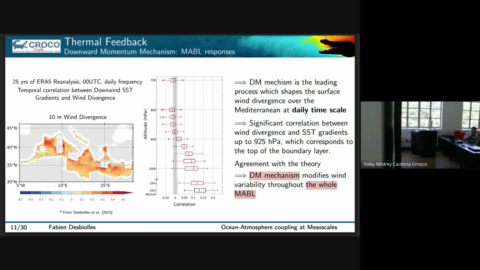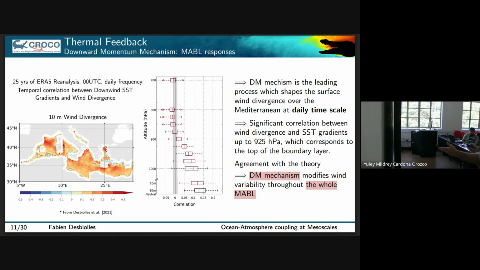Okay? So what does that imply for clouds and rain? Once again, you remember, if I'm the wind, I'm going from warm to cold. That means that here, at the level of the front, there is a convergence. So there is an upward movement and possible creation of clouds and rain.